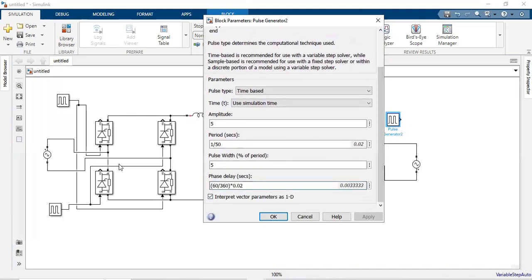So if we choose alpha 1, that is the firing angle of the first converter, the firing angle of the second converter should be 180 minus alpha 1. So since we have taken 60 degree as alpha 1, the firing angle for the second converter, that is alpha 2, should be 180 minus 60, which is nothing but 120.